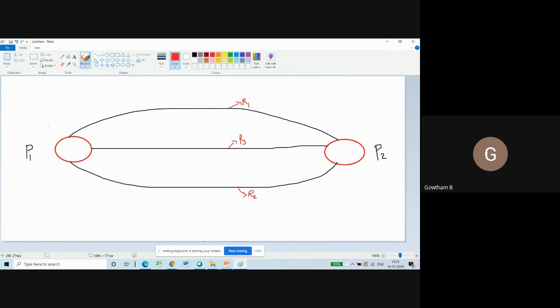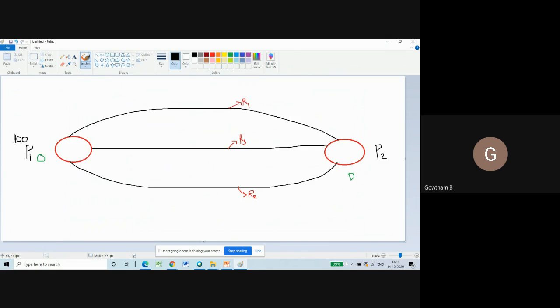Now let us assume P1 as the origin point and P2 as the destination point. Also, let us assume a total of 100 trips are starting from place number 1.